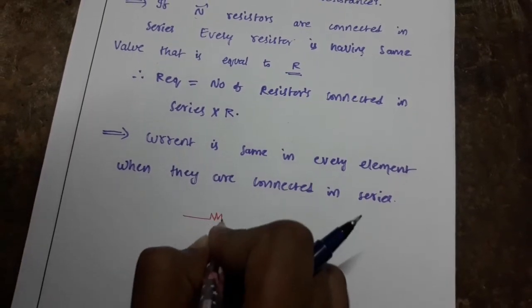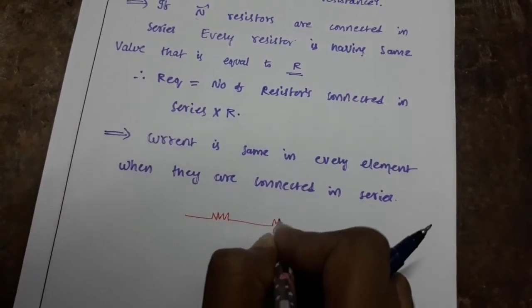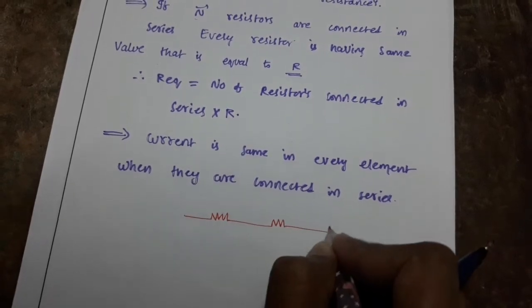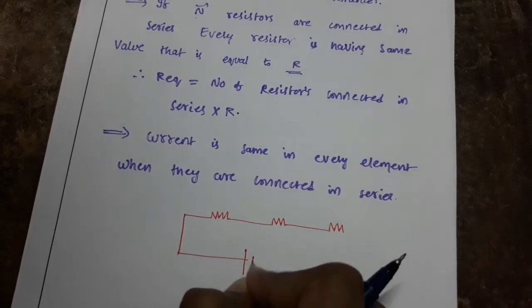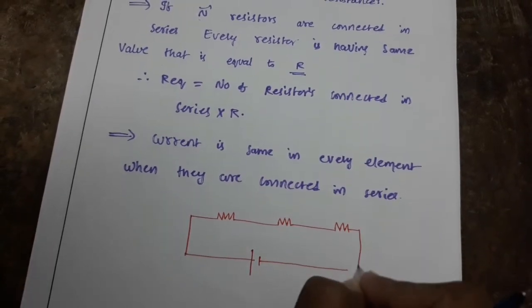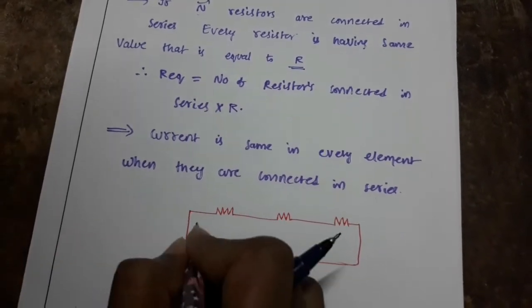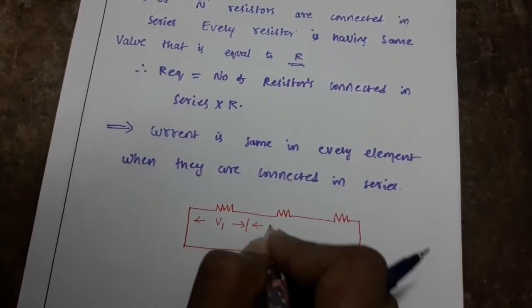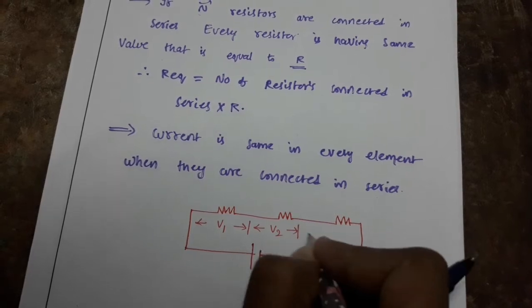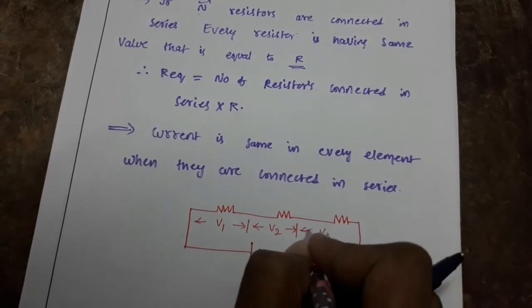This is R1 resistor, this is R2 resistor, and this is R3 resistor. This is the applied voltage, V volts. This is V1 voltage, this is V2 voltage, and this is V3 voltage.